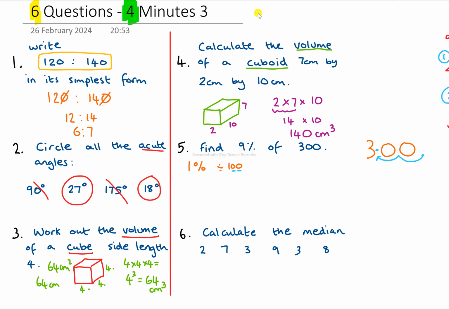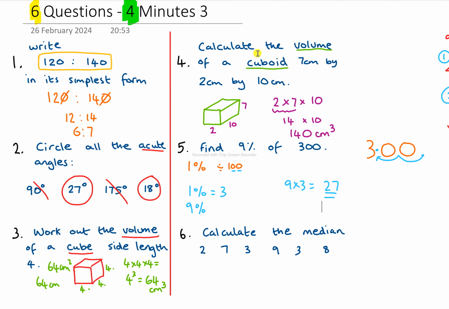So 1% is 3. And if I want 9%, I just do 9 times 3. So 9 times 3. There you go. That's it. That's probably the best way. You can work out 10% and then take away 1%, but in this case, it's quite easy this way.